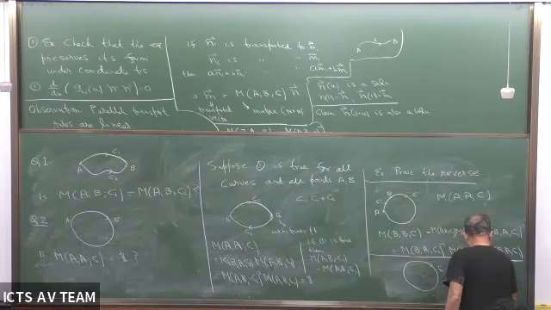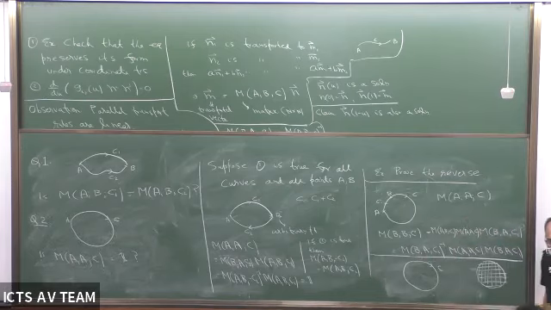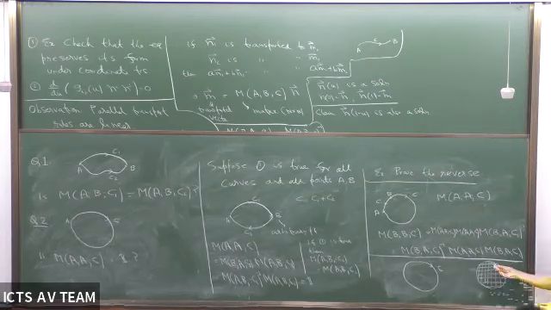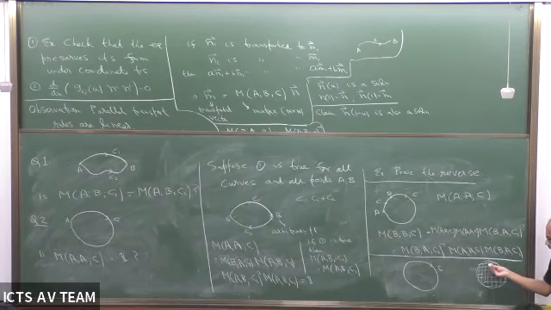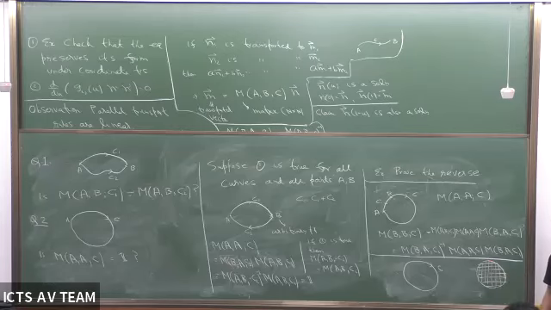I'm just drawing in 2 dimensions. Take many small segments, and then we'll first prove that for each of these, each small loop, this change is 0 to certain order.